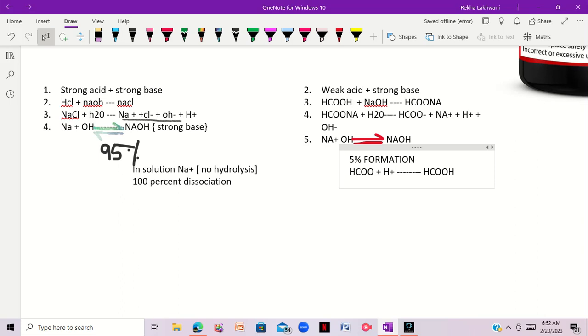Right, this reaction will be something like this. These formate ions will combine with hydrogen positive and form formic acid. There will be an equilibrium state, obviously.